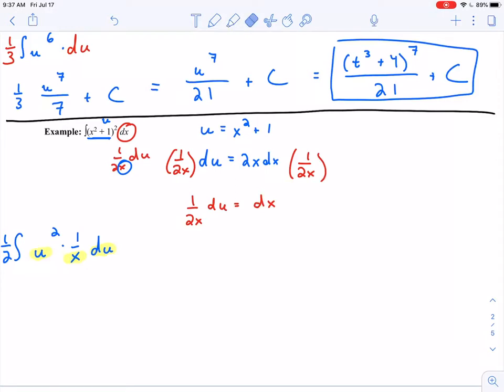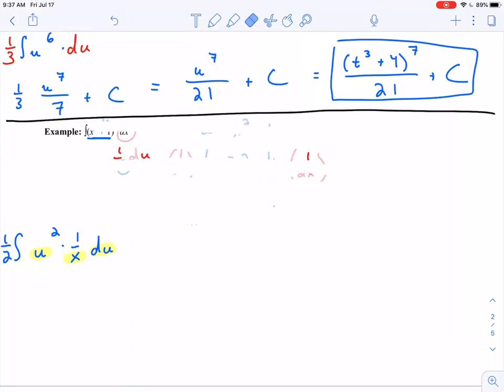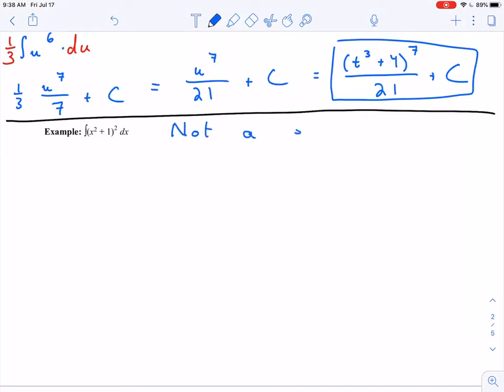I actually cannot perform this integral using substitution. I just can't. So I have to think about other ways to deal with this. This is not a substitution problem. And this is tricky. This is not a substitution problem.